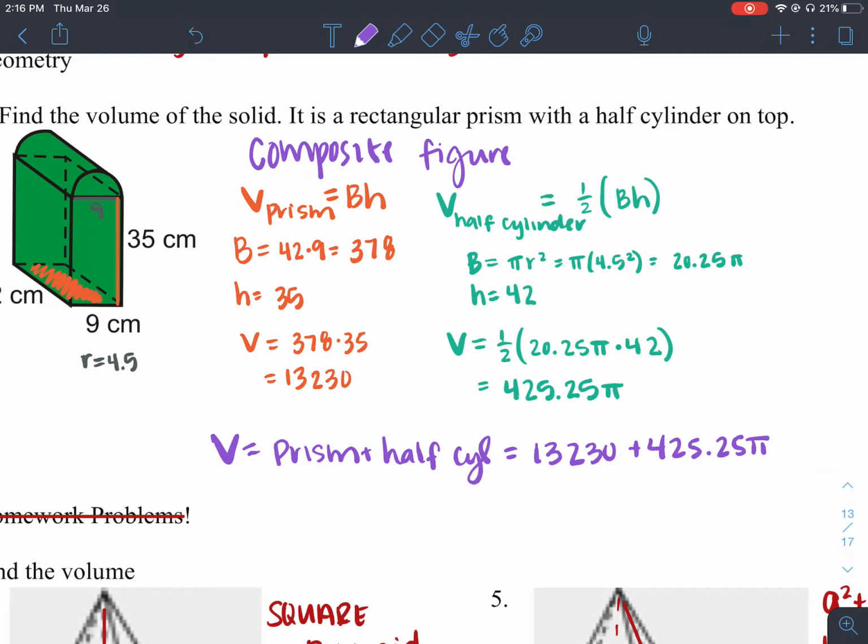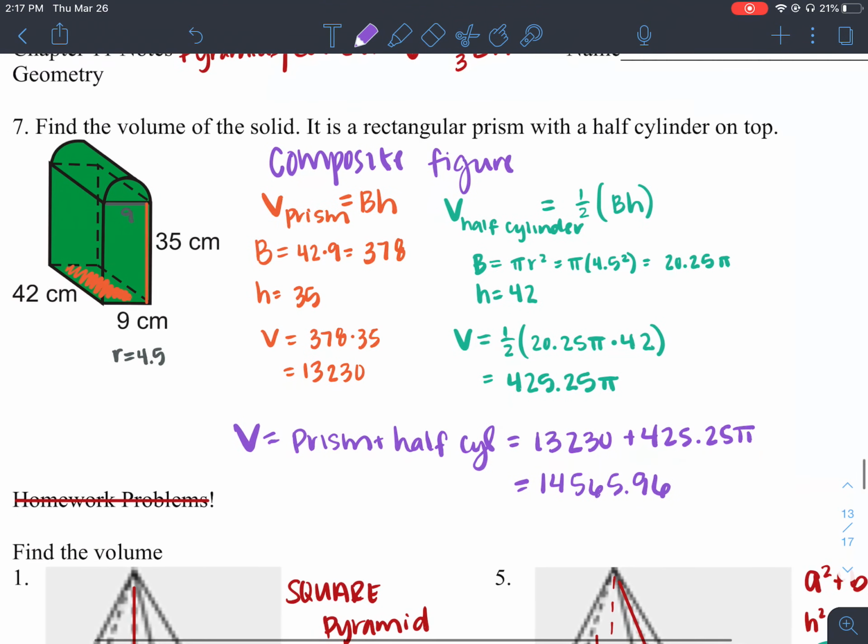But if I want you to round, then we can actually multiply this number out and add it to our 13,230. Rounding 425.25 pi to the nearest hundredth, we get 14,565.96.